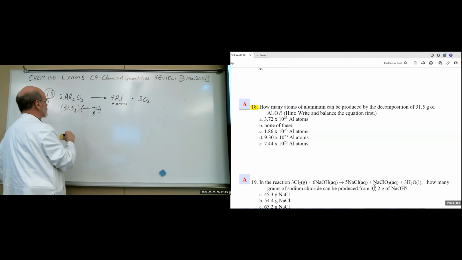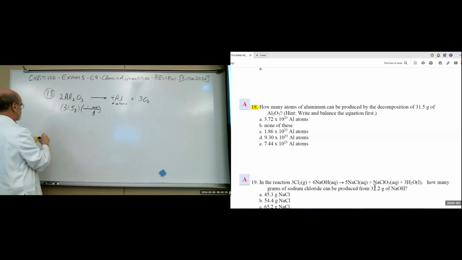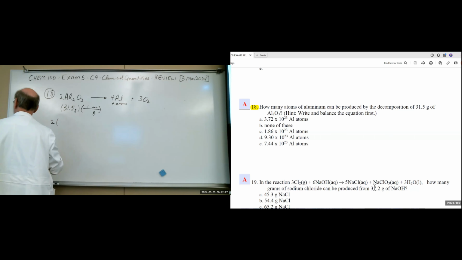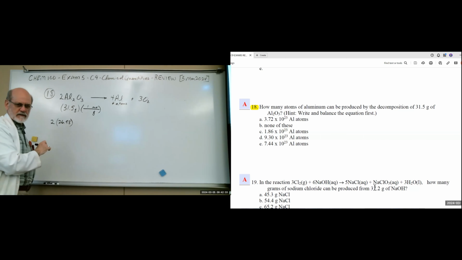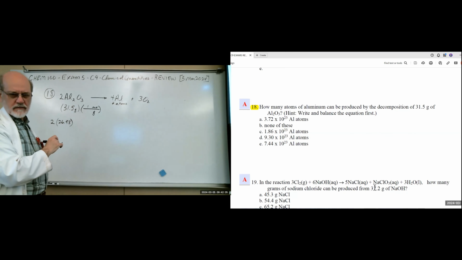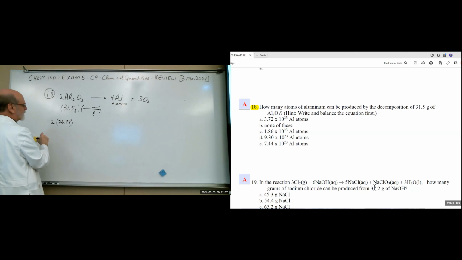So what's the molar mass of aluminum oxide? Well, let's see, 2 times aluminum, which is 26.98. Doesn't give it to us, does it? No, it doesn't. And then 3 oxygens.